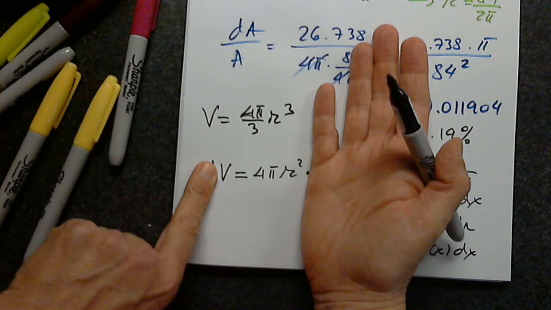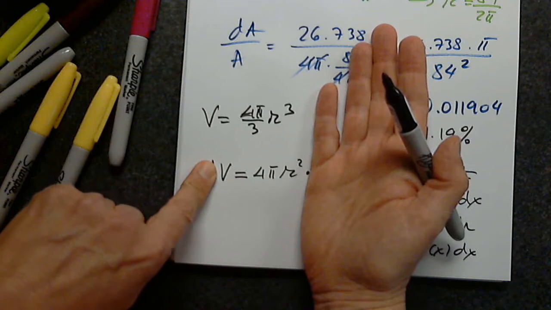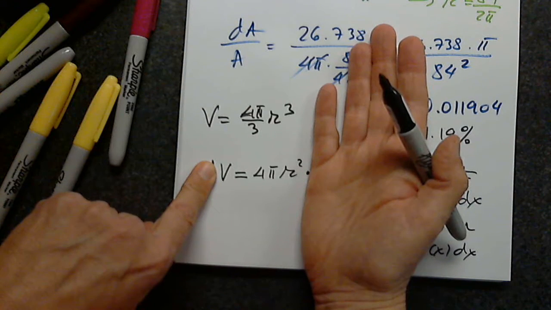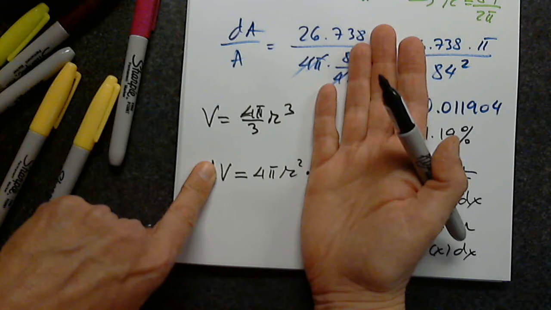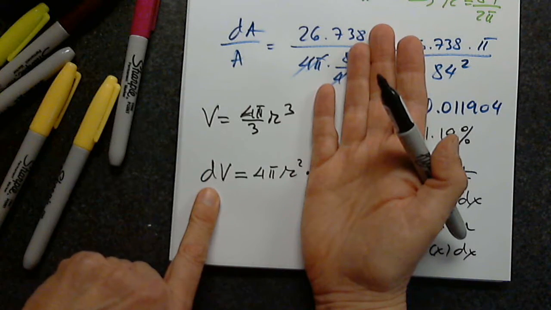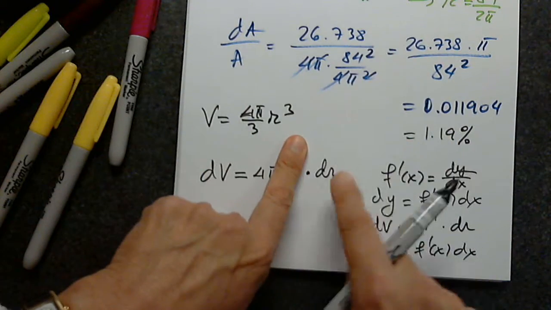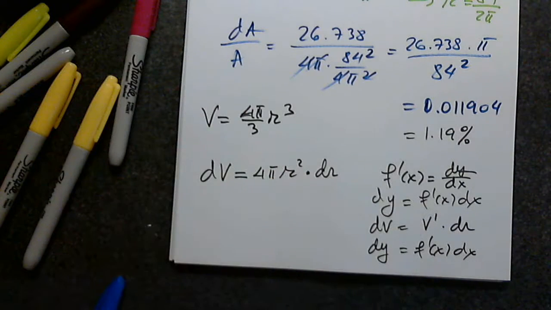If this were V prime, you would have stopped at 4 pi r squared. But this is the differential of V, which is V prime times dr. Do we understand the difference between these two? Is that clear?